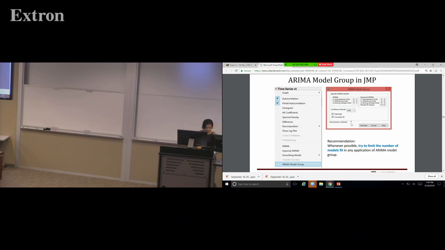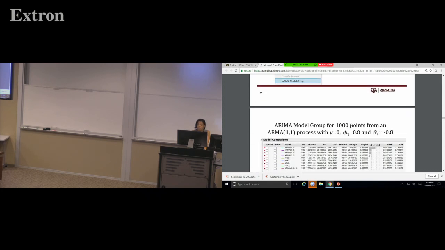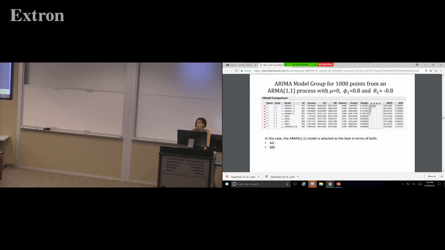Looking at the ARIMA model group for 0 to 2 for both the autoregressive order and the moving average order, this is what the output looks like. We ended up with 9 possible models, and you can see they're all listed here, in order of their AIC, smallest on top, in increasing order.